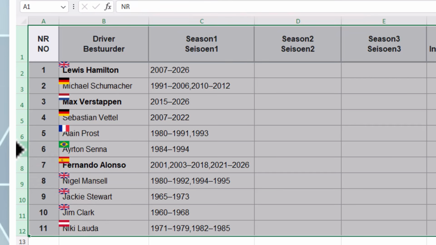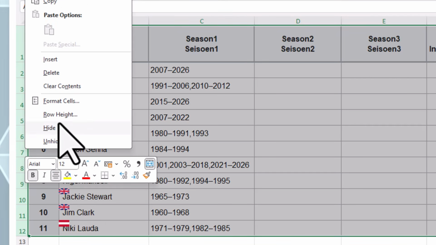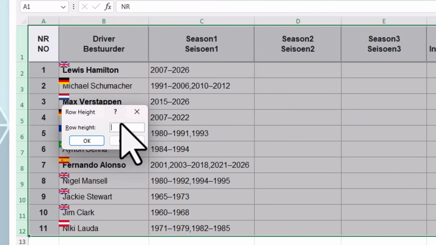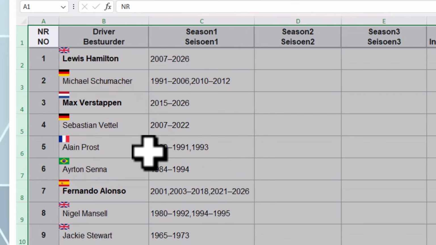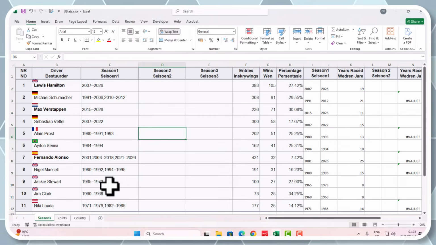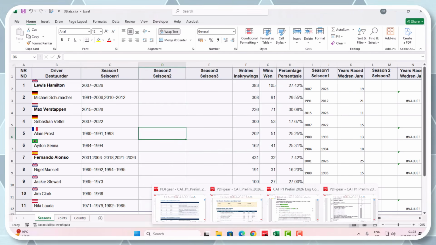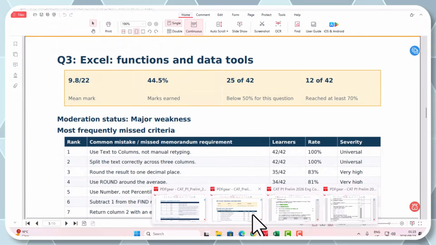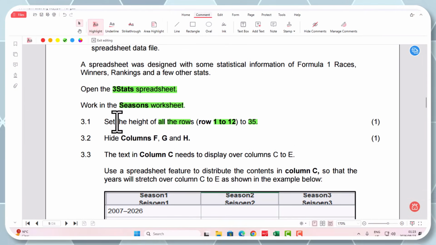We right click, good, and we go row height, and we had to set that at a size of what? 35. Good. There we go. That looks a bit better. Now things seem to be fitting in a little bit better in those columns and rows. Okay, right, let's just go check. Did we get the mark for this one? I just want to go back here. Yeah, all the rows from 1 to 12 to 35.